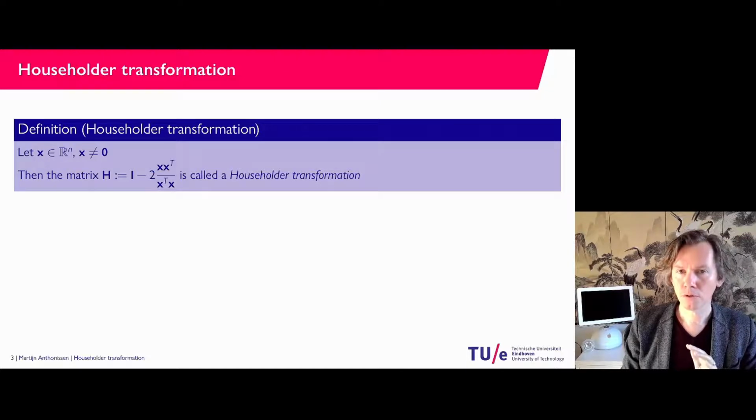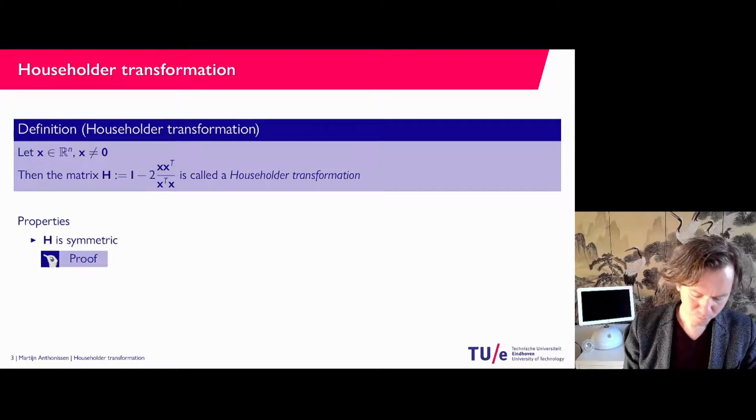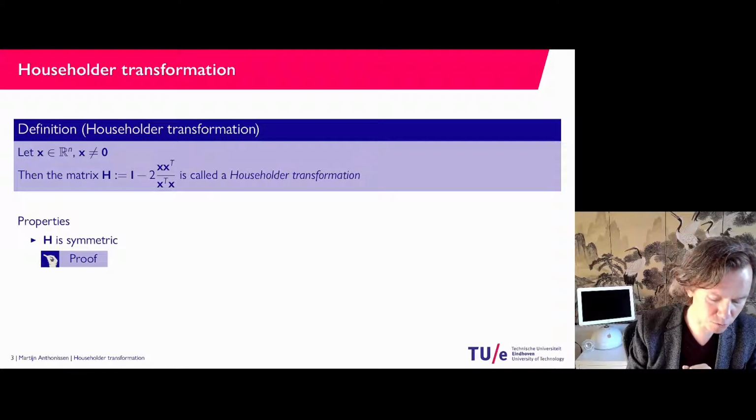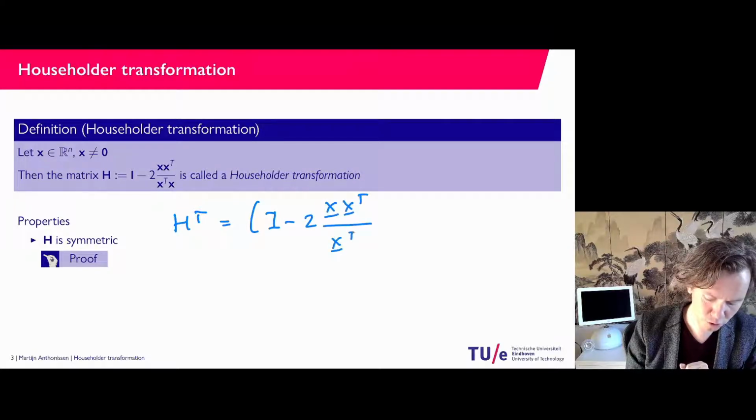Now, there are two claims here. The first one is that this matrix is symmetric, and that is very easy to verify, because if we do H transpose, that is the transpose of identity minus 2x x transpose divided by x transpose x.